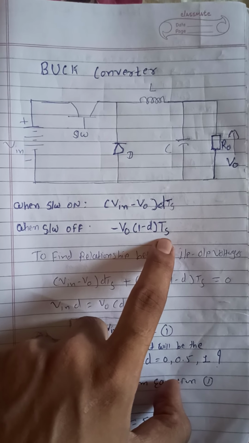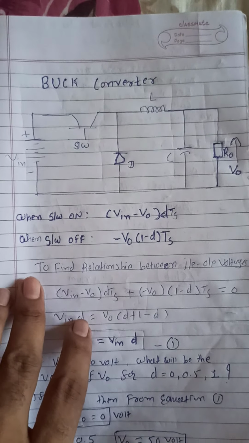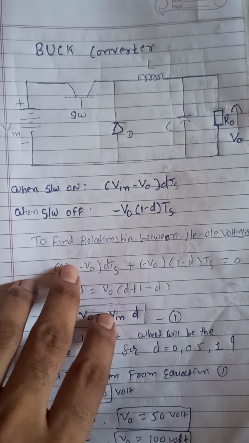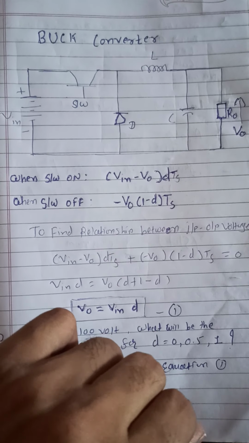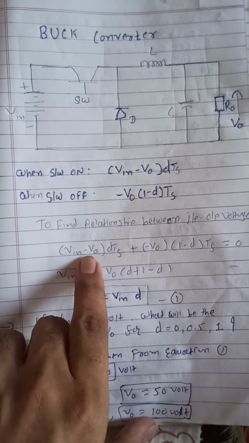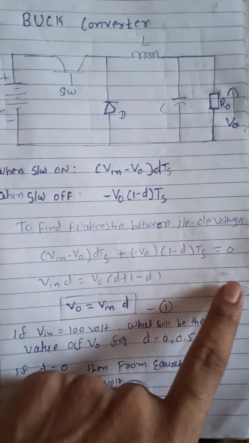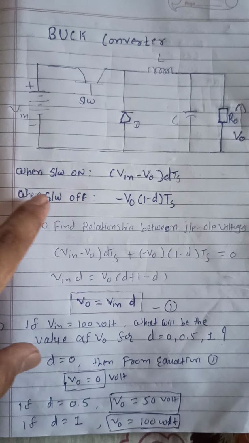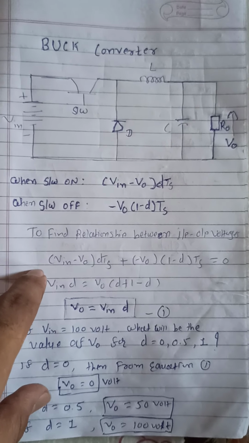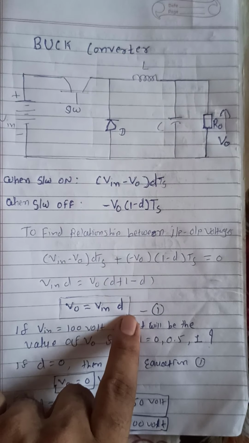Hope you get it. Now to find the relationship between the input and output voltage, we have to equate these two equations. So (V in minus V0) into dTs plus (minus V0) into (1 minus d) into Ts equals 0. With some mathematical manipulation, you will get the relation V0 equals V in into d.